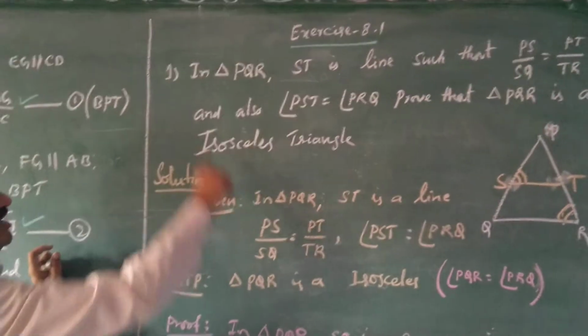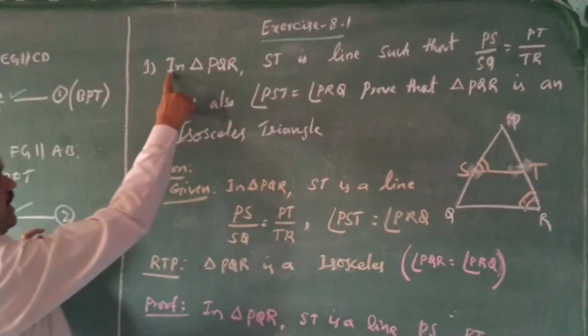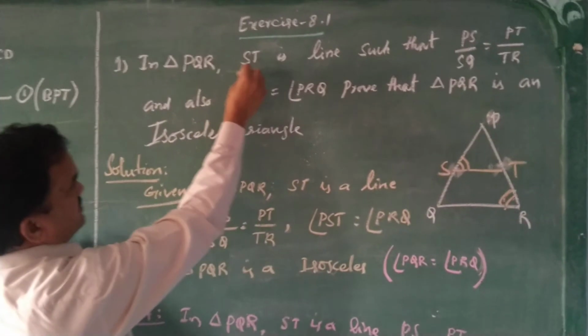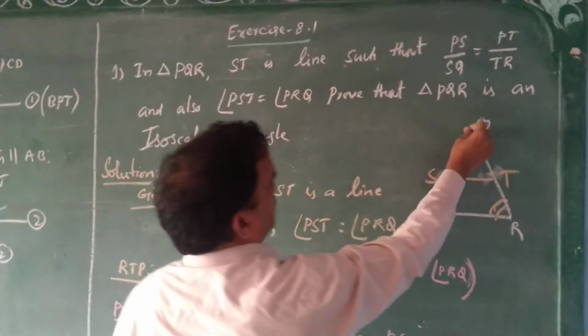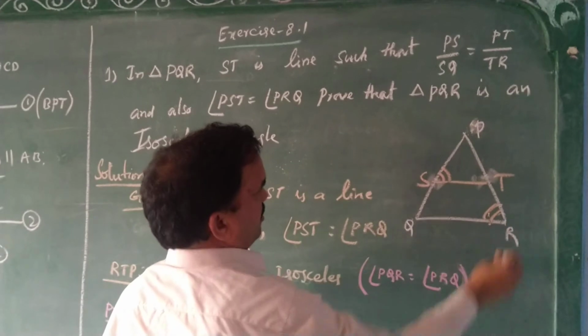Now we go to exercise 8.1, in the 8th chapter, similar triangles. This is the first problem in this exercise. In triangle PQR, ST is a line such that PS by SQ is equal to PT by TR.